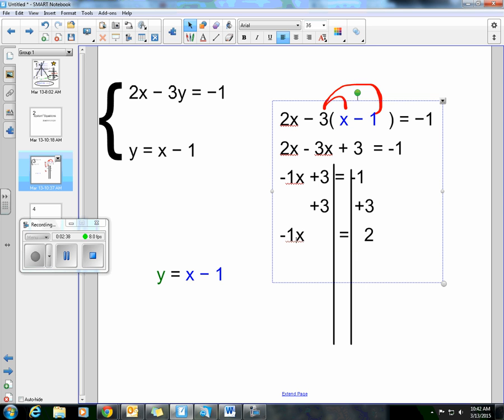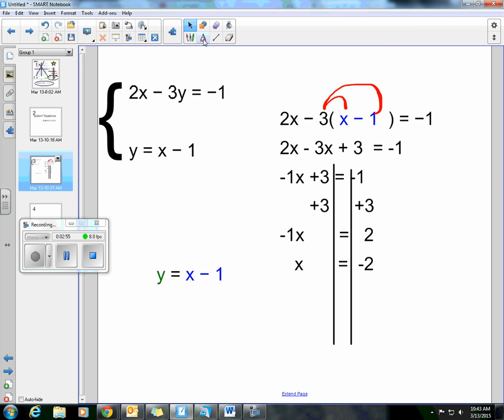And I think we need to divide or change the sign here because it's a negative. So we know that x equals negative 2. That is going to be useful for us, so I will circle it.